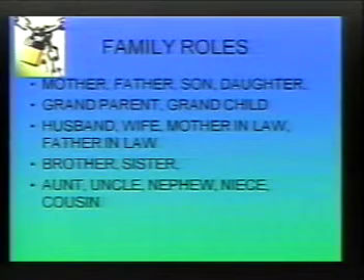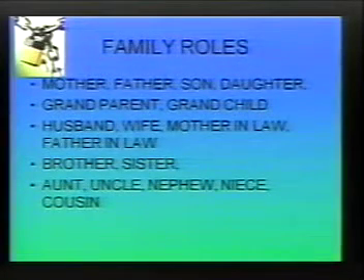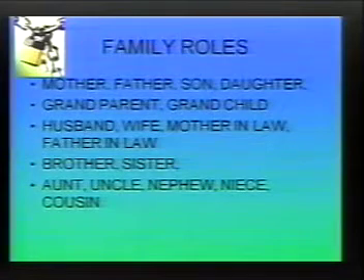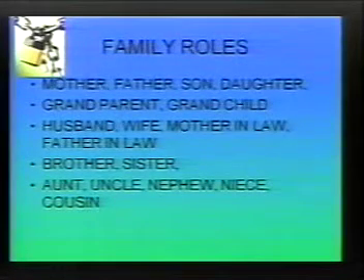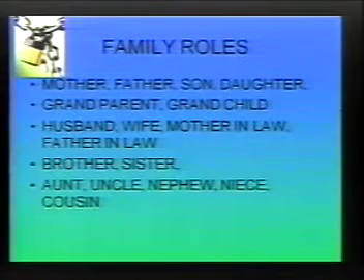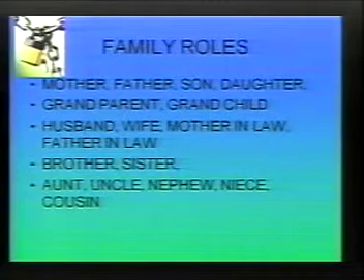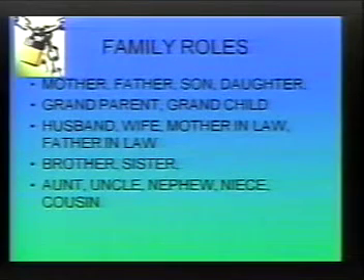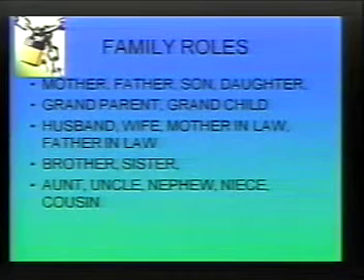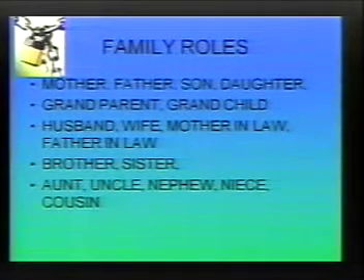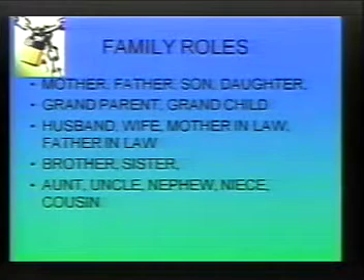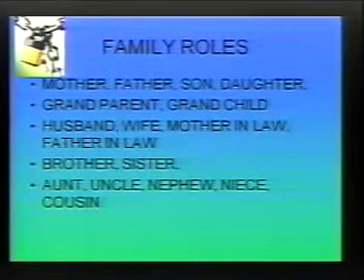If you were a member of a Montana native tribe, aunt, uncle, nephew, niece, cousin would be of equal importance as any of the other roles that you see up above. In fact, out to second cousin for most Native Americans is a very important family role. You have very specific expectations and obligations that you're supposed to meet with those different folks.